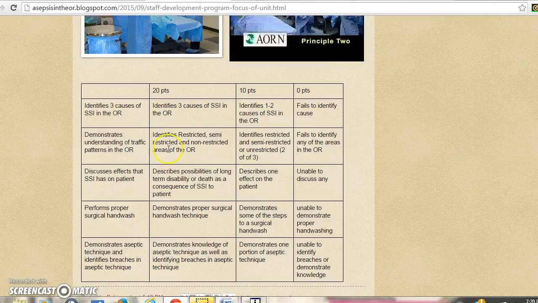The rubric very well identifies how many points the student will get for each thing that they do and how they perform. The only thing that I don't see is some type of a scale that measures the competency of the learner based on the points. So that may be something that you would want to add.